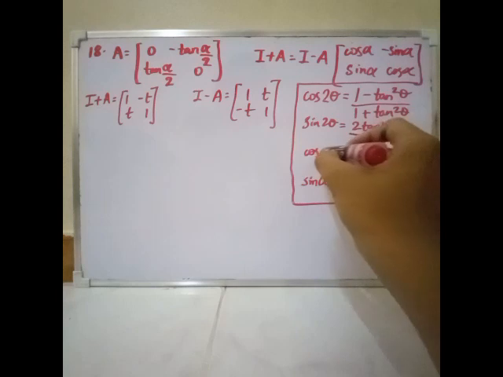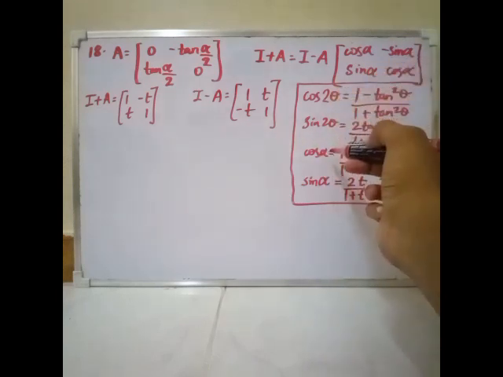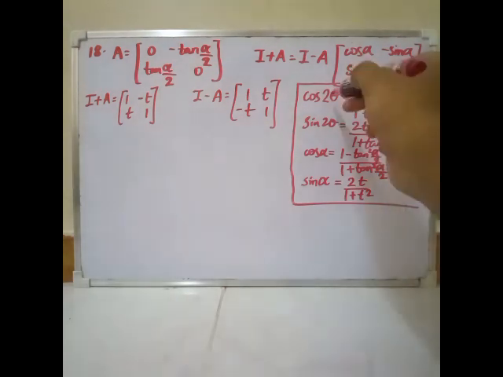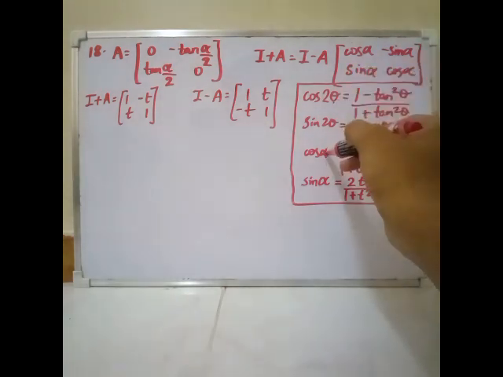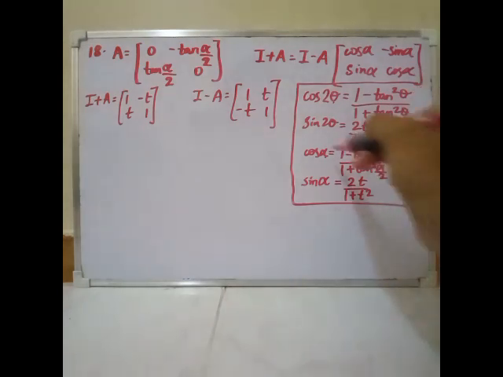Here 2 theta is there, here only 1 alpha is here. So instead of theta we are having alpha by 2, because 2 theta is equal to 1 alpha, so we are replacing by alpha by 2 everywhere.